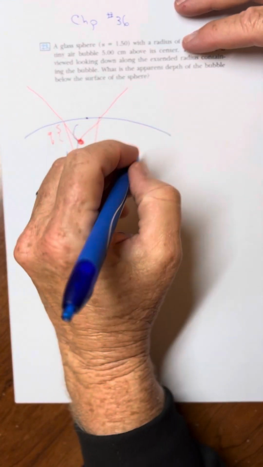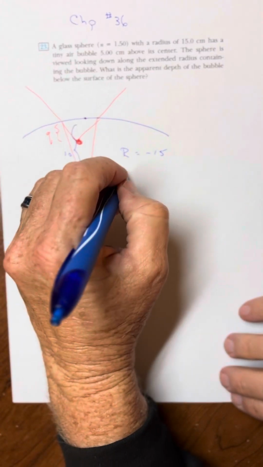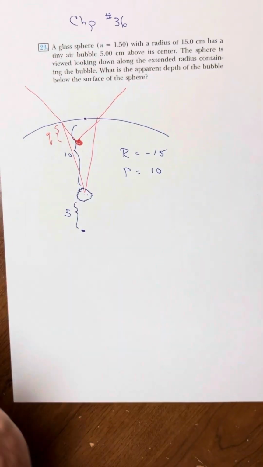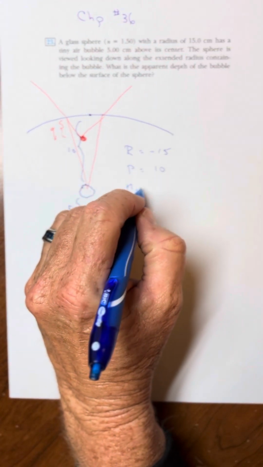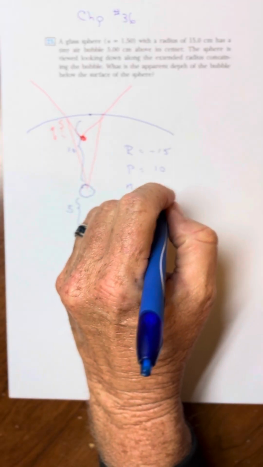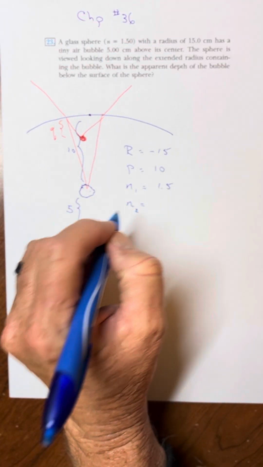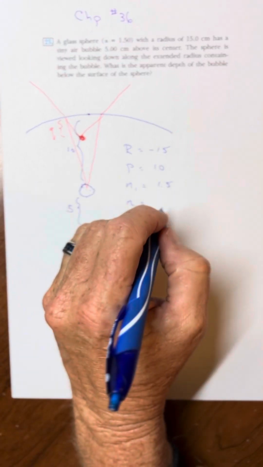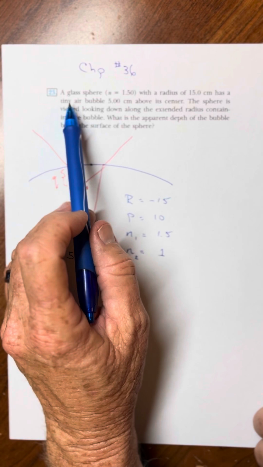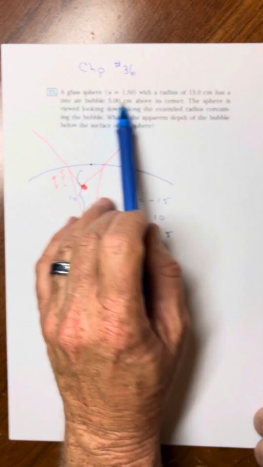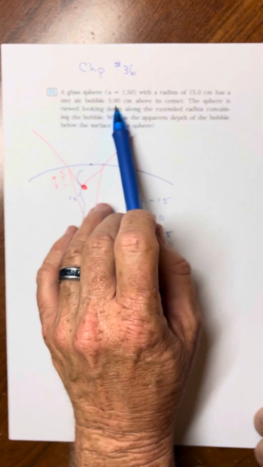So we're going to have R as a negative 15. And we're going to have P as a 10. We're going to start in the glass, so that'd be N1 as 1.5, and it's going to go into N2. And I'm not sure if they actually said air, but I think it's indirectly implied. A glass sphere, radius 15, tiny air bubble.